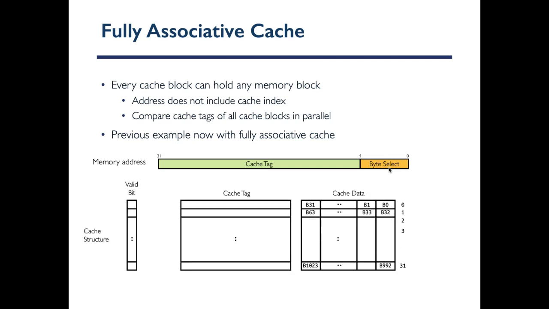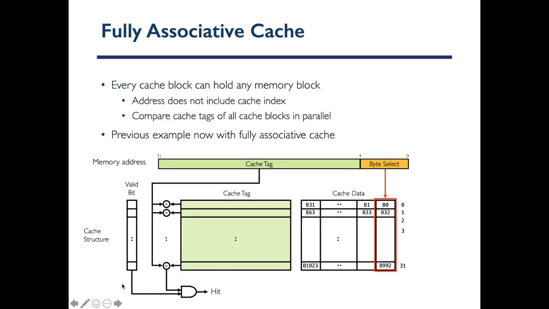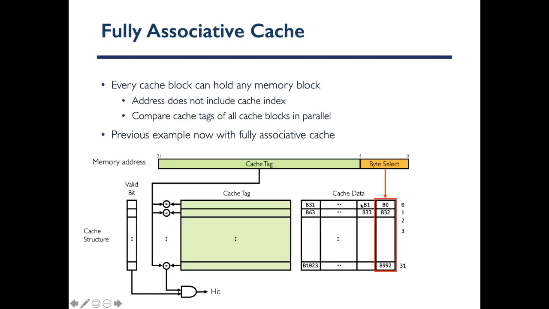So you basically now have to search all your cache. At this point, you have to check your tag with all the tags that you have here. So you're searching for a match. If you find a match and if that bit for that block is valid, then you have a hit. And if you have a hit, you can just use your byte select to find the byte that you need.